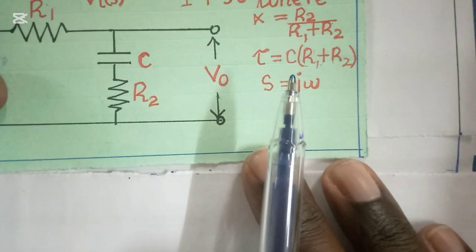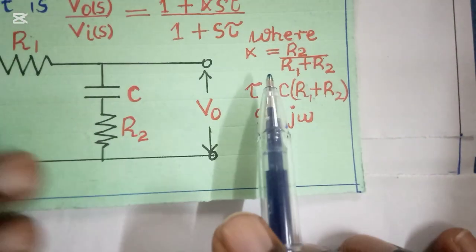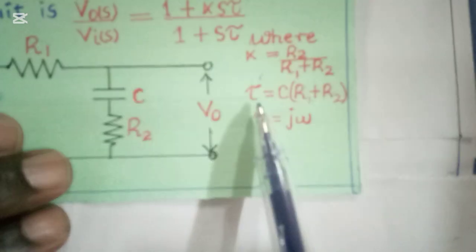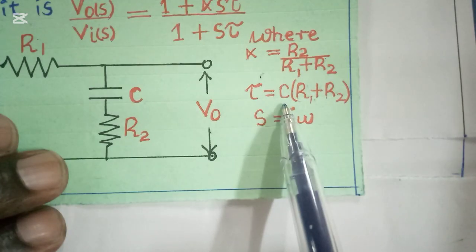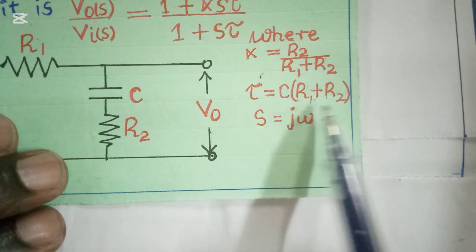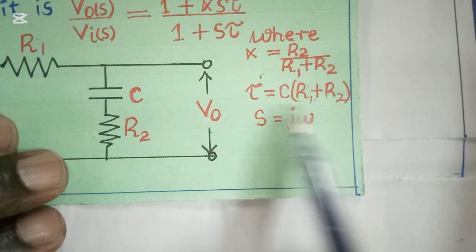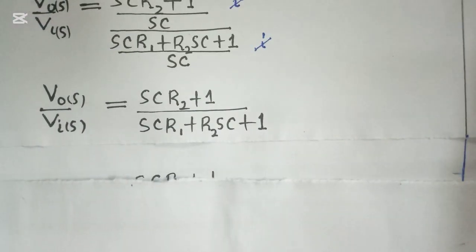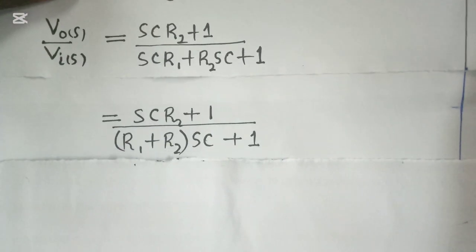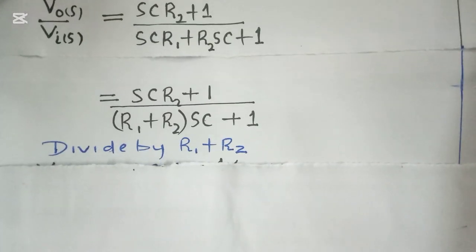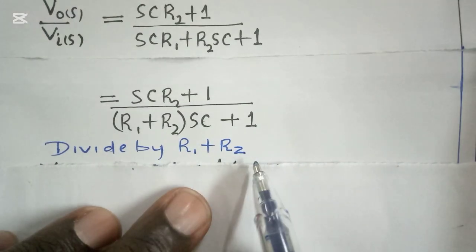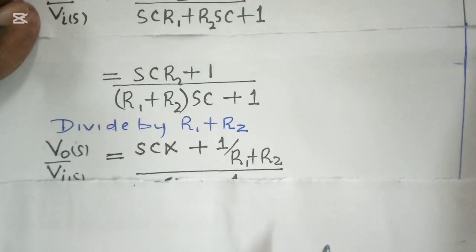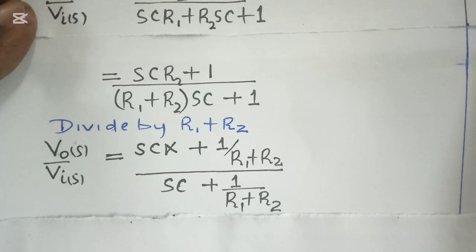We have alpha is equal to R2 over R1 plus R2. And tau, which is the time constant, is equal to C times the bracket R1 plus R2. And then S already, that one we have done. So that's what we are going to do. After we have written that, we divide by R1 over R2. Dividing by R1 over R2, now we can replace our figures.